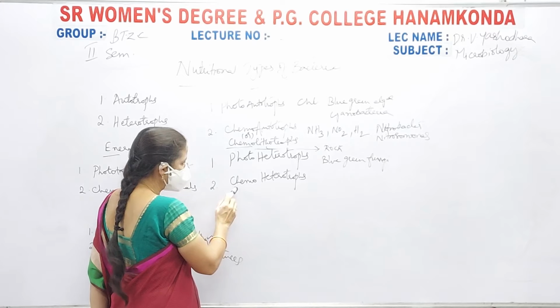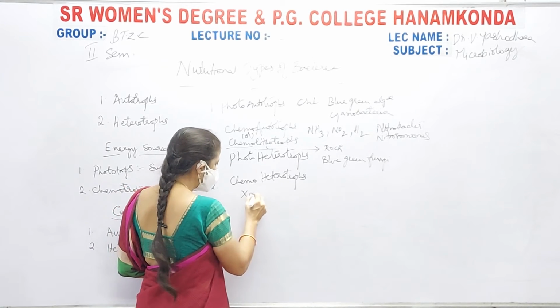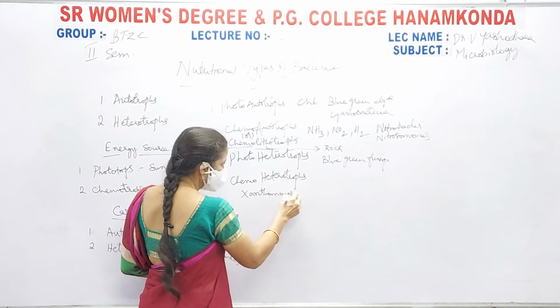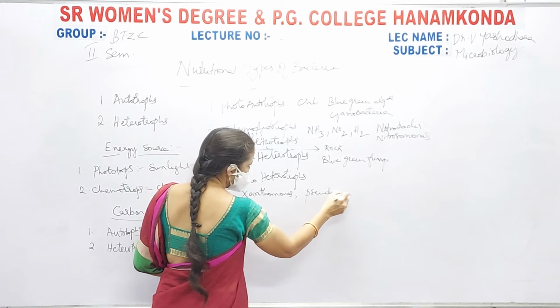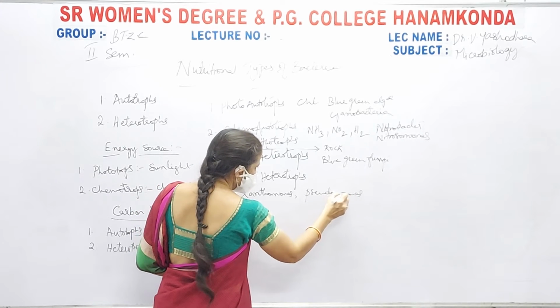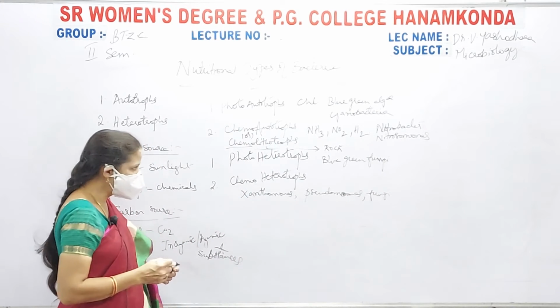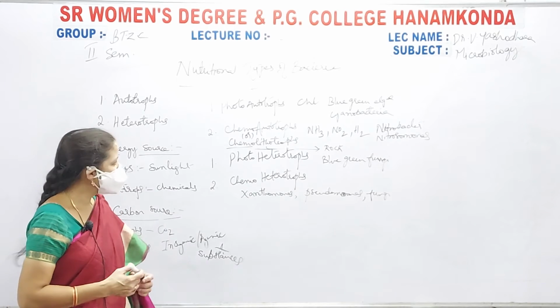So such type of organisms are called chemoheterotrophs. Examples are Xanthomonas, Pseudomonas, fungi, etc.